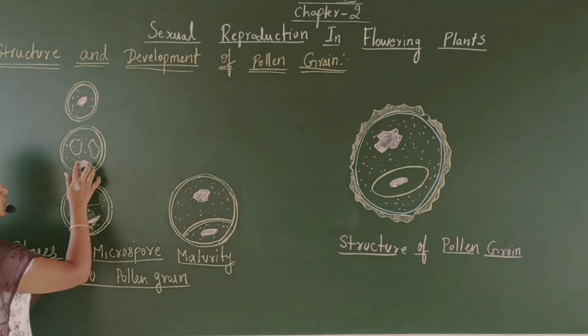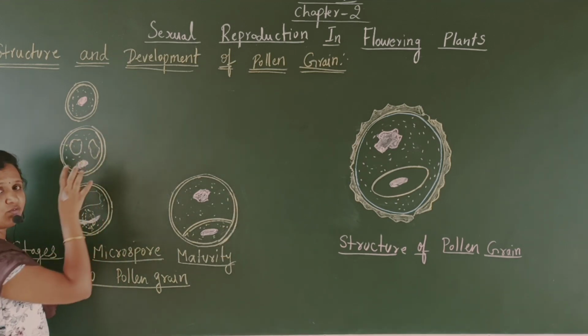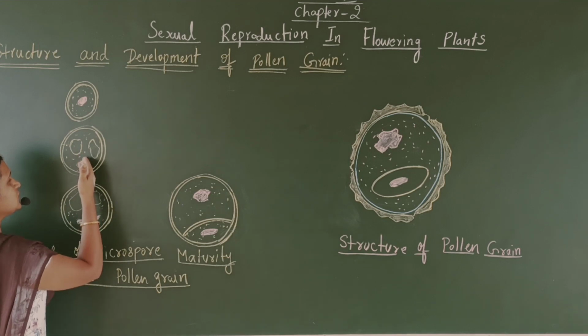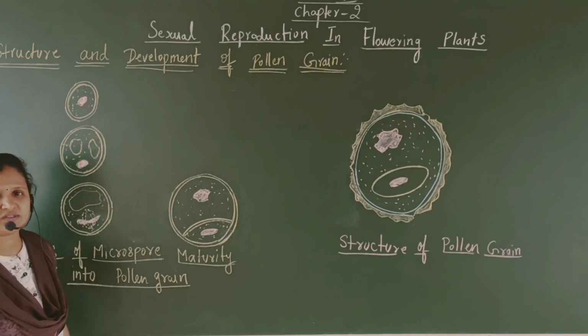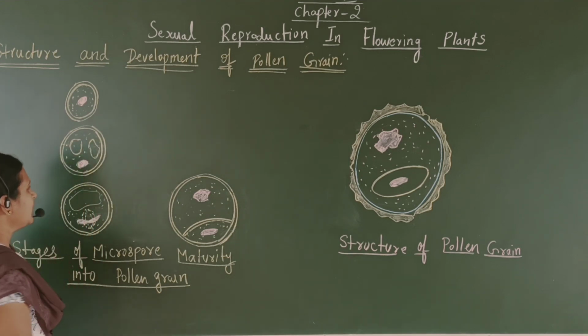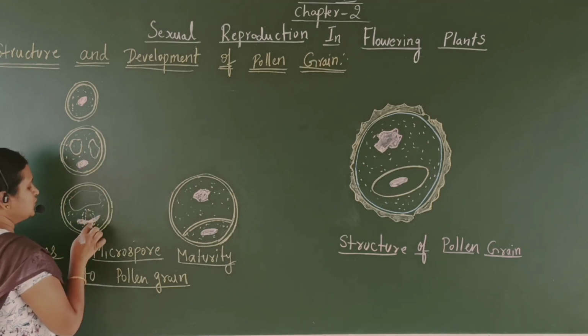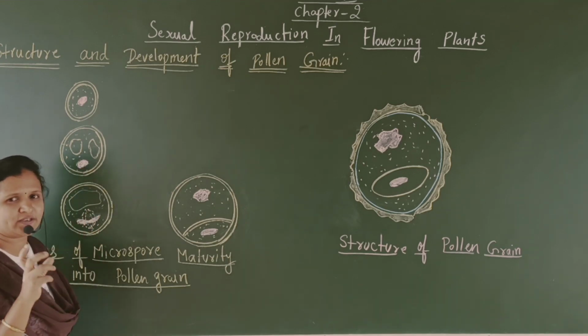Due to the formation of some vacuoles, the nucleus of this microspore moves to one side of the cell, and there it undergoes mitotic division.